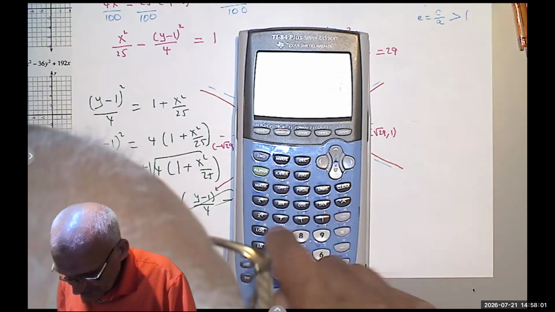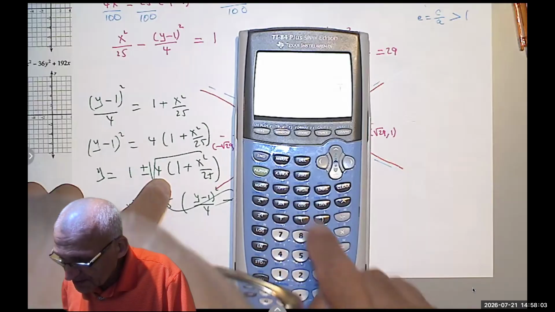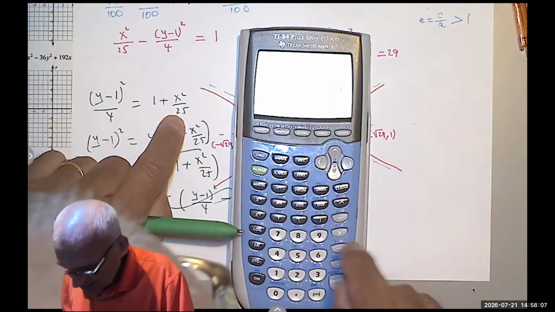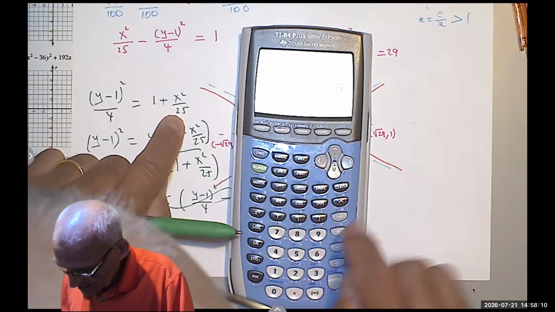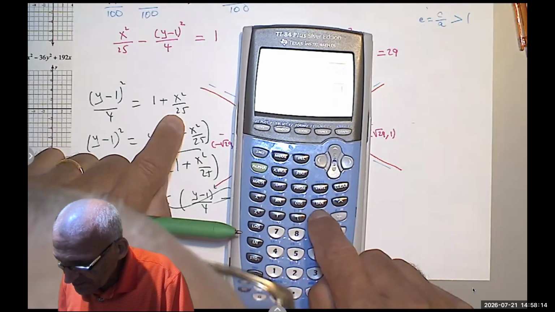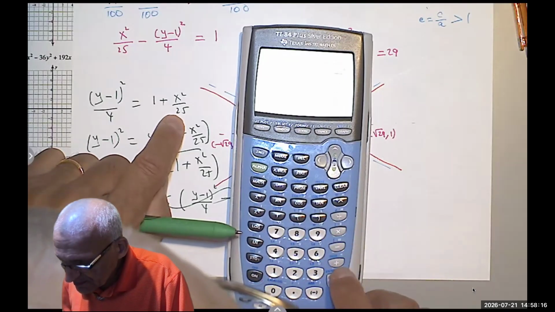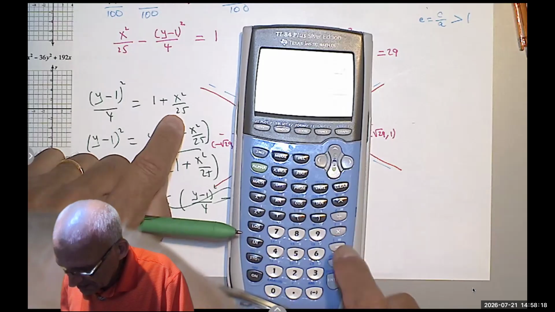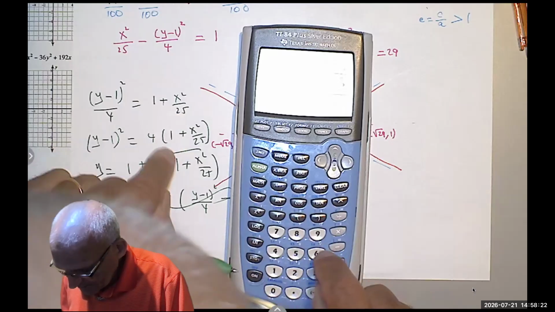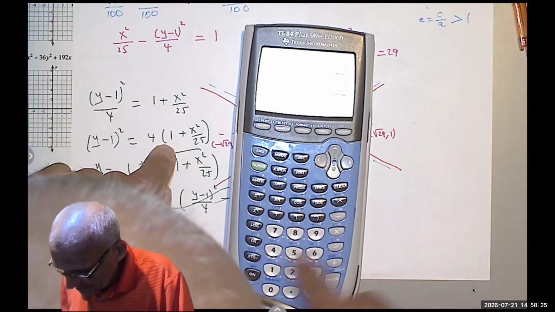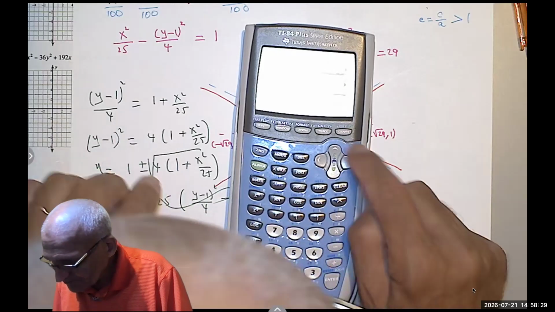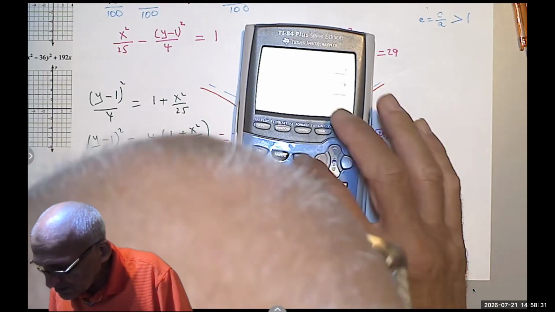Plus the square root of 4 times (1 plus, not minus, plus x squared over 25) and 1 minus the square root of 4 times (1 plus x squared over 25). I have to delete those.